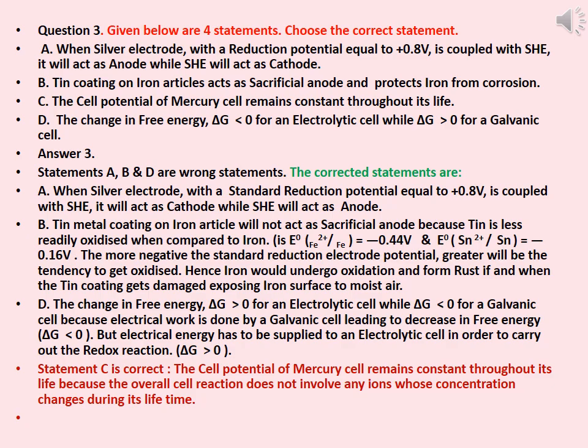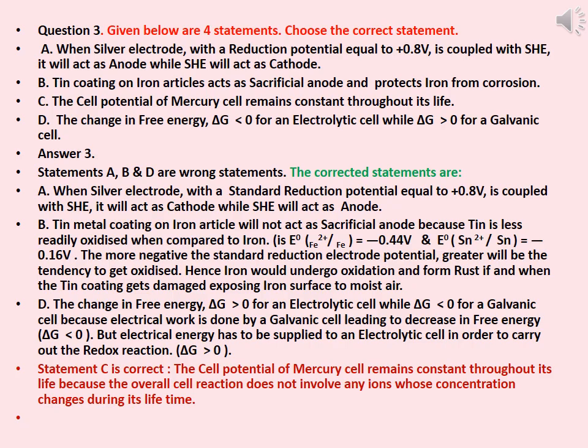But in galvanic cells, where as a result of chemical reactions taking place, electrical work is done, delta G would be less than 0. So, in galvanic cells, delta G is less than 0. In electrolytic cells, delta G is greater than 0.